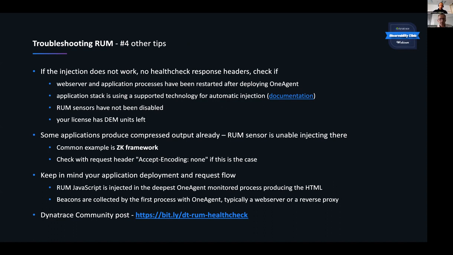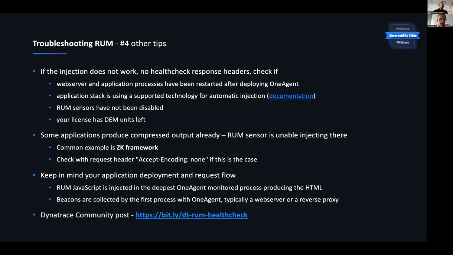If the injection itself of the script tag does not work, you can check the DT health check response headers. Then you may want to check if all the processes were restarted. It's pretty common that sometimes the RUM works, sometimes not, and typically it's the case that some of the processes have not been restarted, or the RUM sensors have been disabled on some of them.